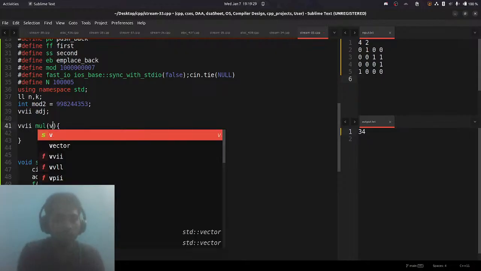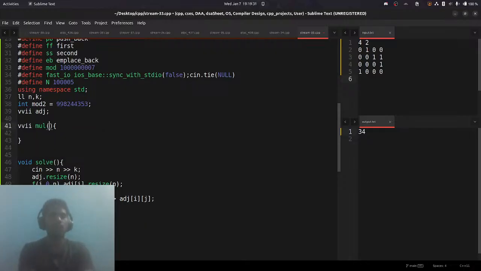It will take a matrix, and since we already have it, it will take only the power.